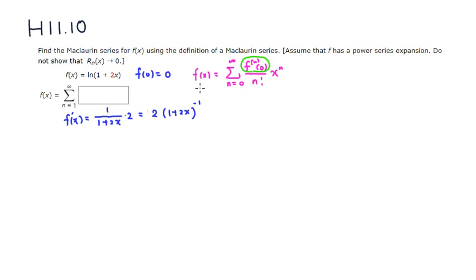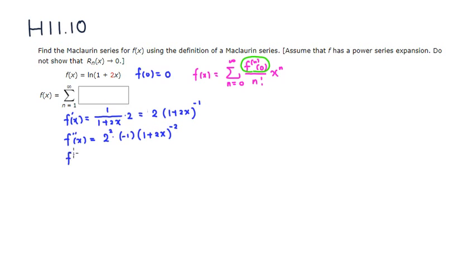Let's take another derivative. F double prime of x: 2 is already there, so negative 1 placed in front, keep 1 plus 2x, and subtract 1 from the power, negative 2. Multiply by the derivative inside by chain rule, which is 2, so I'm going to put the square there.